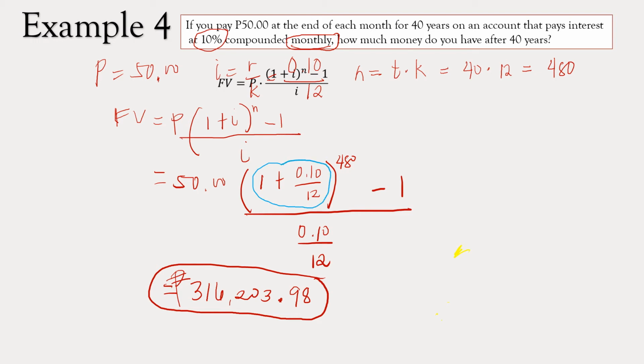Tapos, erase mo sa 480. Tapos, yung sagot mo dyan, i-minus 1 mo. Then, sagot naman dyan, i-divide mo sa 0.10. Tapos, saka mo i-multiply sa 50,000. Saka mo makukuha itong final answer.